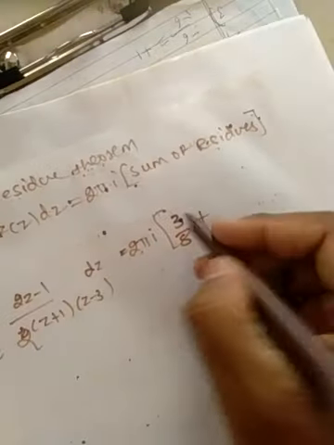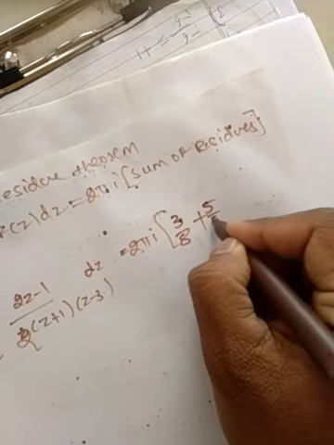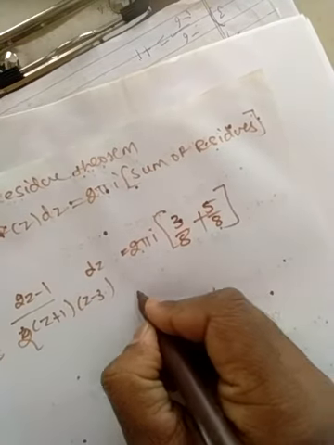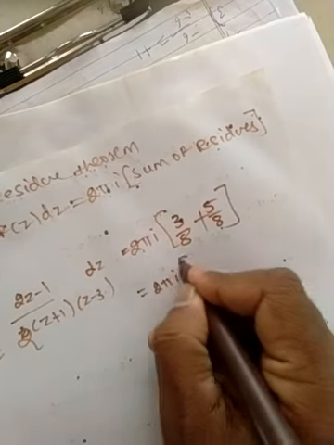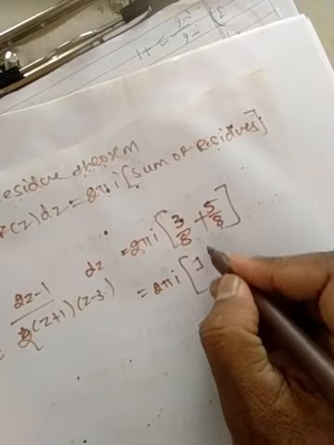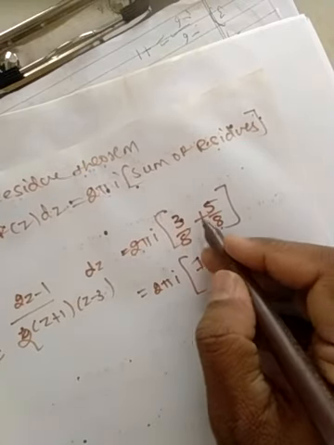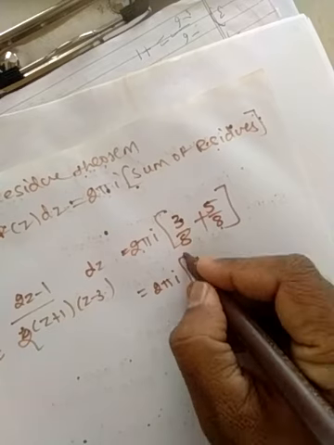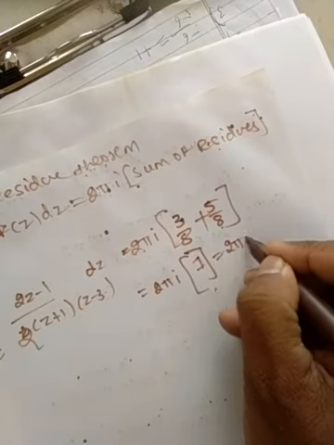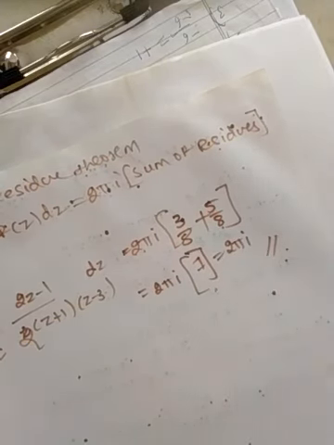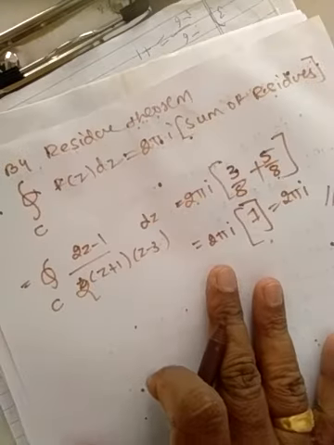So it is equal to 2 pi i into, after taking LCM, 8 is the LCM, (5 plus 3) over 8, 8 by 8 is 1. So this is equal to 2 pi i. So this is the answer.